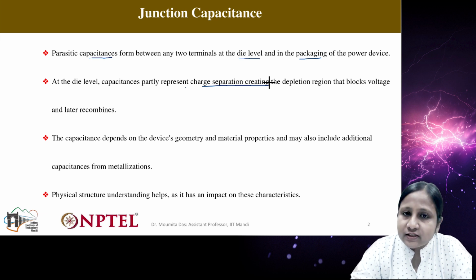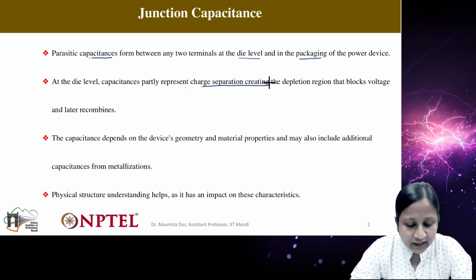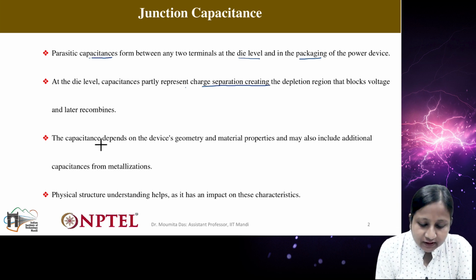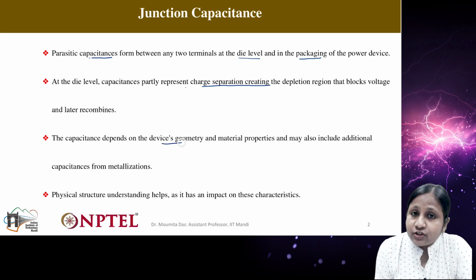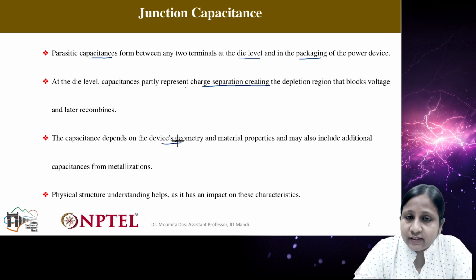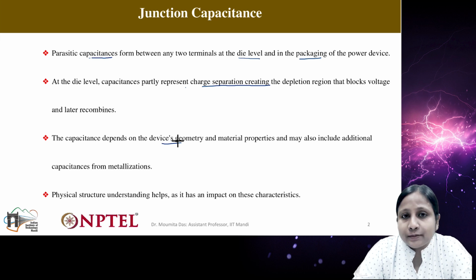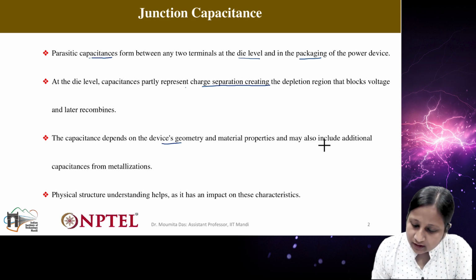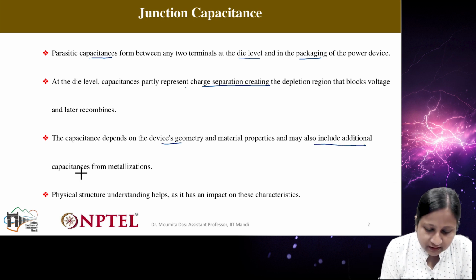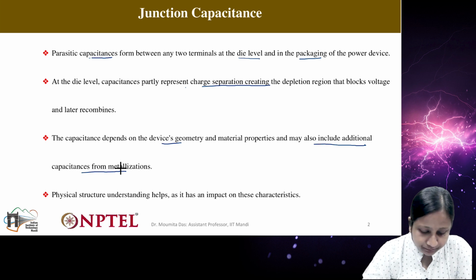This capacitance depends on the device's geometry. If the size of the device, voltage level, or current level changes, obviously these capacitance values will also change. And this also includes additional capacitances from the metallization.